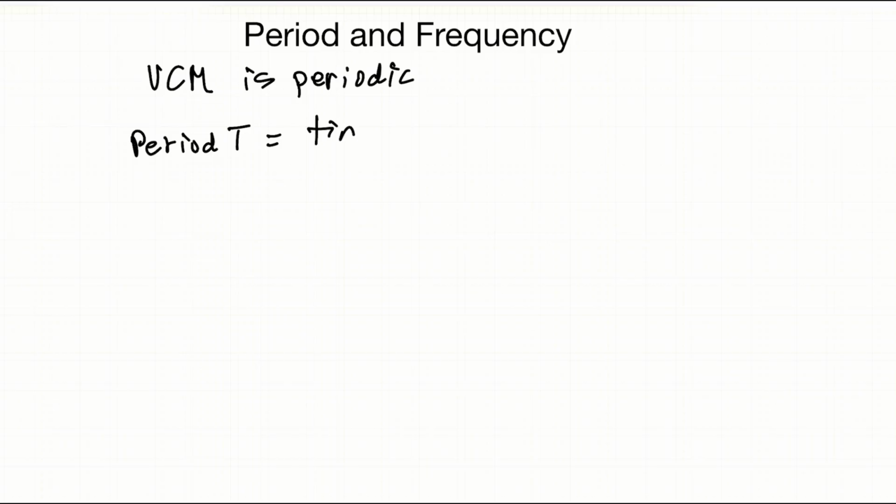And one last topic we'll look at here is called the period and frequency. So in uniform circular motion, it's periodic. There was the case of the tire on a car, goes round and around. And we call this period, T, is equal to the time for one revolution.